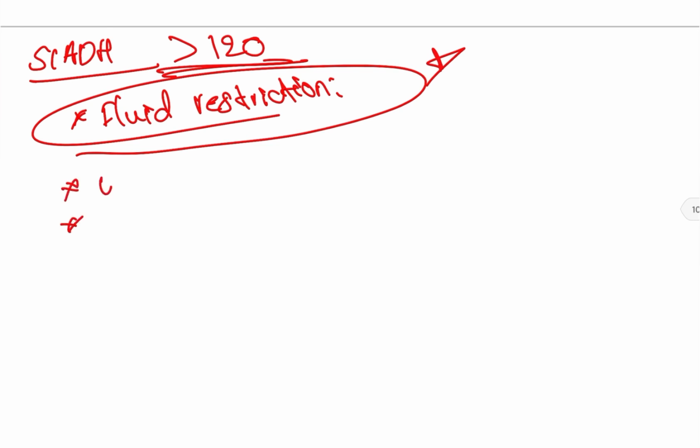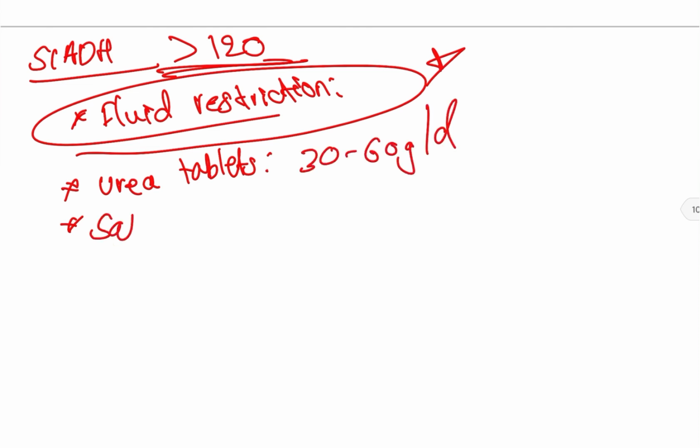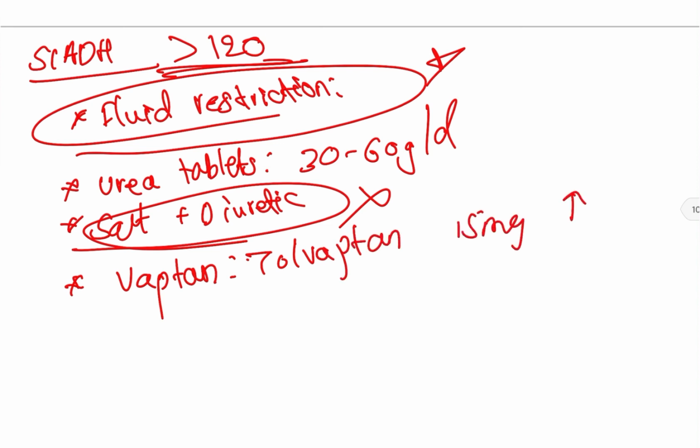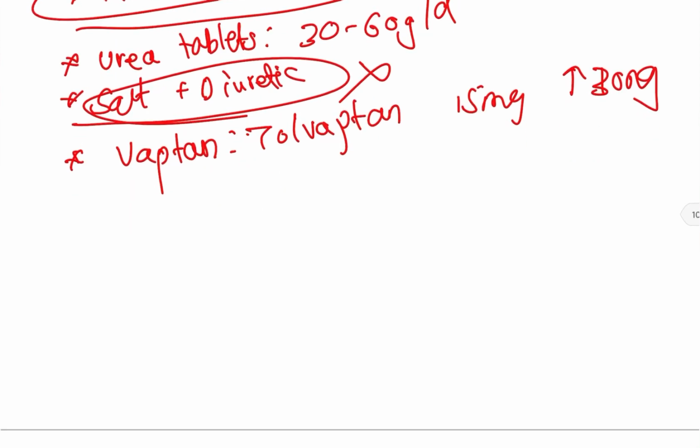There are other modalities such as giving urea tablets, 30 to 60 gram per day, which are generally not available, or giving salt capsules with diuretic, but this is avoided. The last method to treat is a vaptan, that is tolvaptan. We start with 15 milligram OD, then increase to 30 milligram. Sometimes treatment of SIADH may take 3 months also.